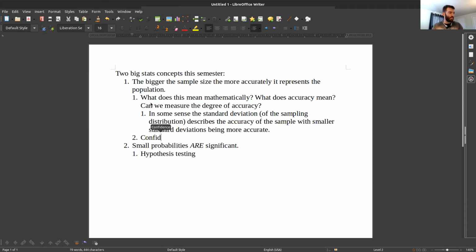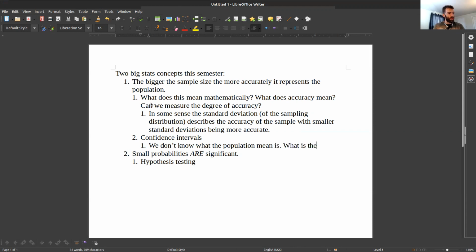Okay, so this brings us into confidence intervals. We don't know what the population mean is. So what is the best way to guess? Well, take a sample, right? And often we don't know what the population mean is because we cannot sample everyone.